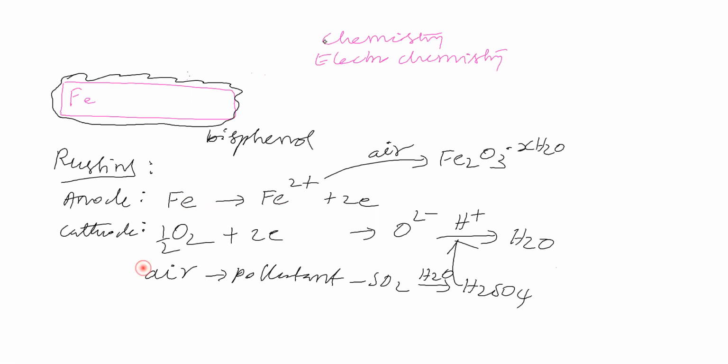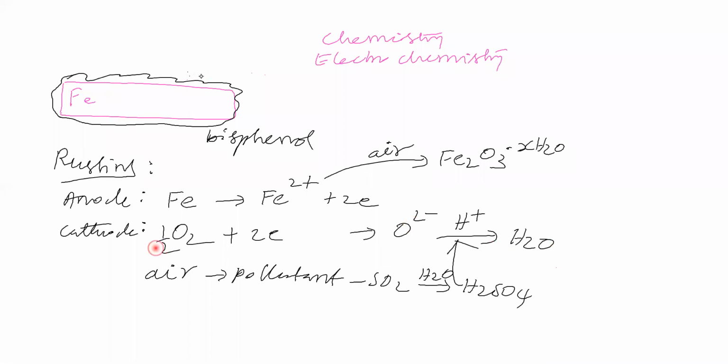Since air is in contact with this iron, this air contains oxygen. This oxygen takes these 2 electrons and becomes O2 minus. This O2 minus takes H plus from this acid. This acid is due to pollutant in the air. Due to this acid, this O2 minus becomes water. So the cathodic process takes place.